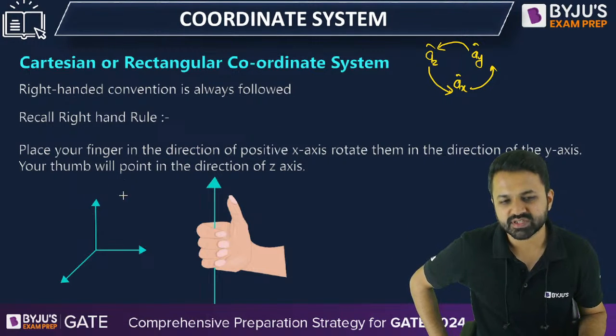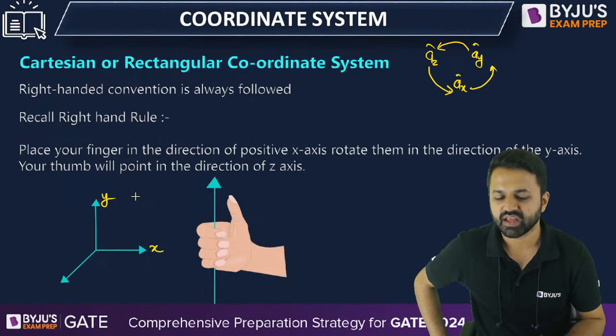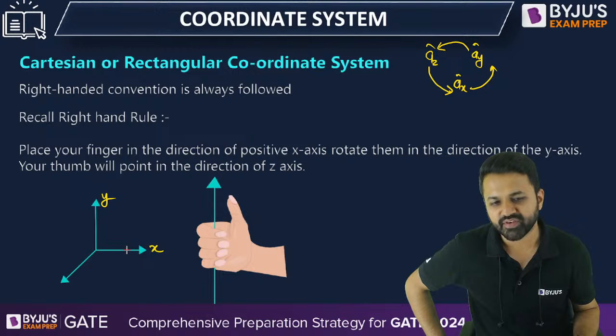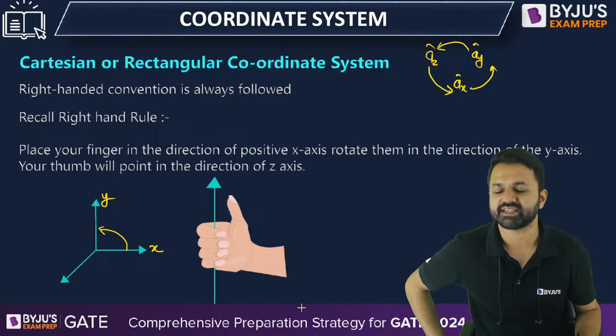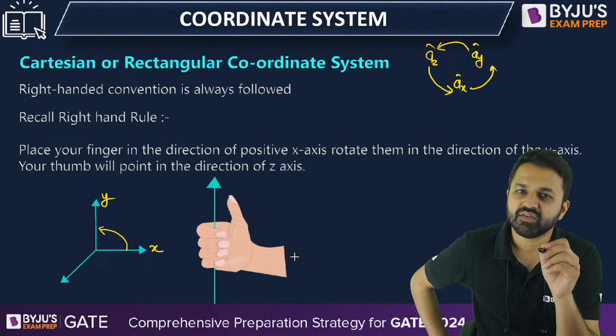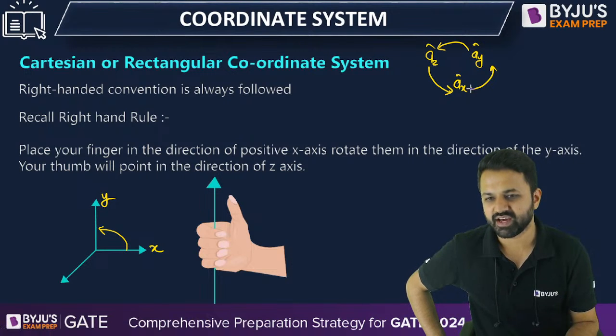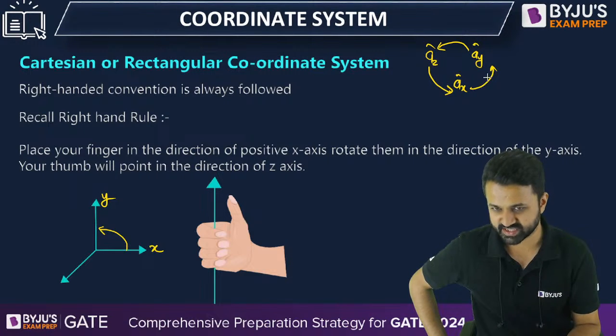So if I give you the x axis and then the y axis, then by this rule of anti-clockwise cross product of unit vectors, you can tell the third axis also. If you curl your finger from the x-axis to the y-axis, then the thumb will point in the positive z direction, because we are moving in the anti-clockwise direction.